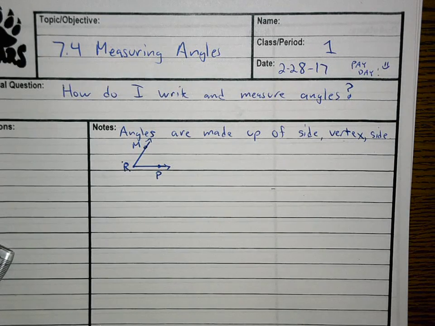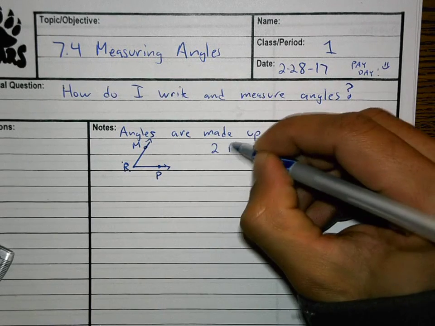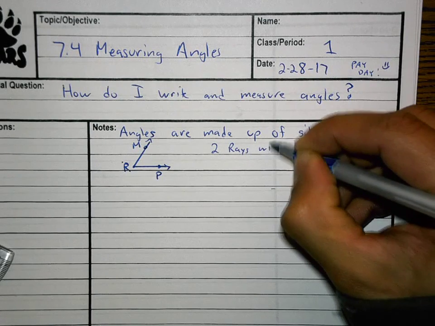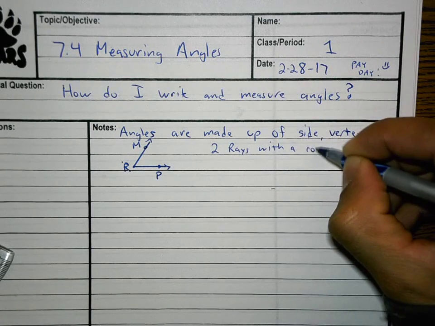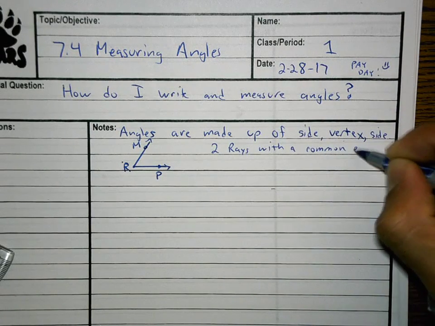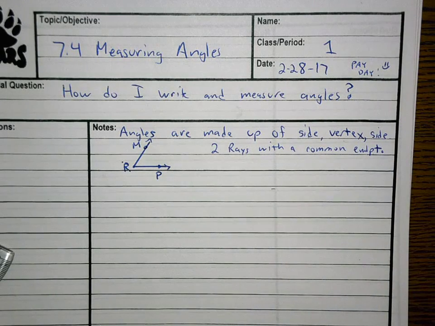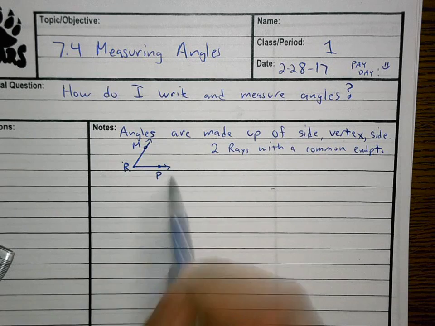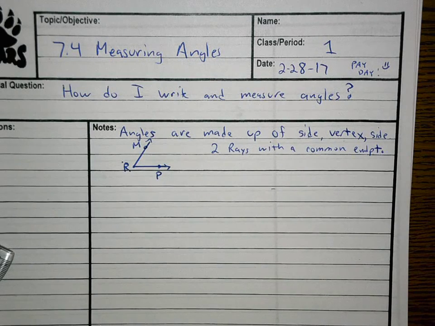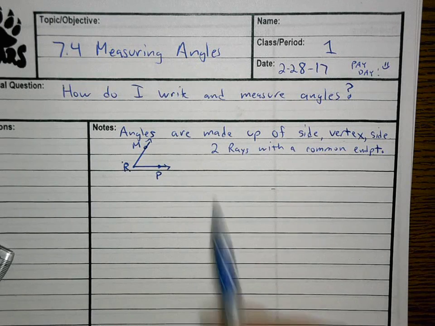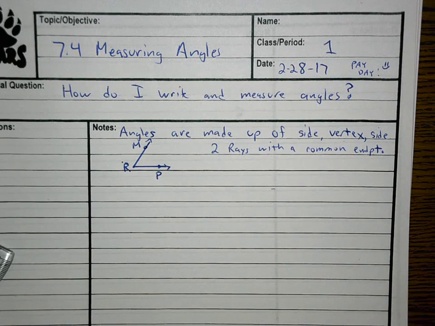Technically, angles are made up of two rays with a common endpoint. And so I'm going to write that down. Two rays with a common endpoint, and I'm abbreviating endpoint. So I have this ray RP, and I have this ray, which is ray RM. It's two rays with the common endpoint.